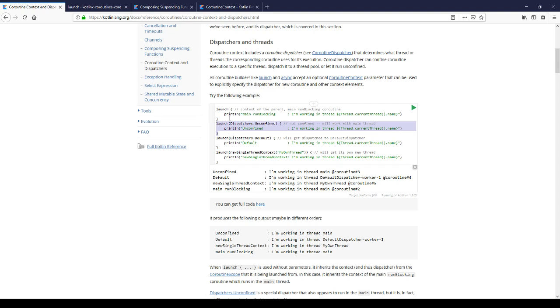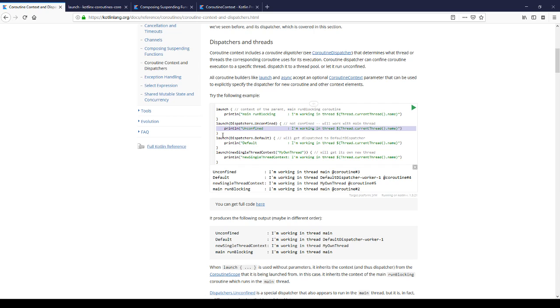And after this, the main thread is, well, this is first dispatched. And this is dispatched as well, but in the meanwhile, also on the main thread, the priority of this Dispatchers.Unconfined coroutine would be set to the topmost, for once, and only until the first suspend point is reached.